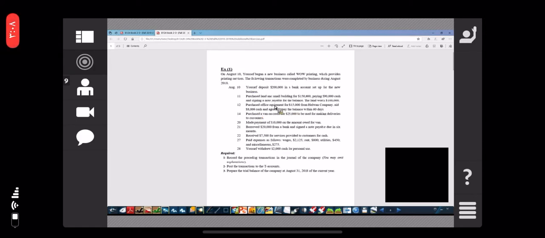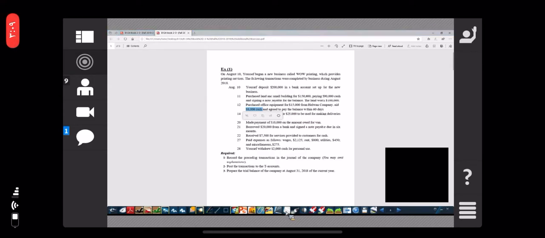So here he mentioned purchases office equipment, amount 15,000, and the payment system, he said he paid 8,000 cash and the remaining will be on account. When he said remaining will be paid after sometimes without sign, it means account payable. So it will be on account.